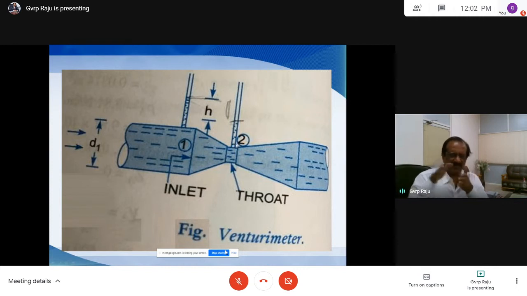Suppose you reduce the diameter to a lower value here, no doubt there will be acceleration, and you can have a pressure here corresponding to D2. If it is less than vapor pressure, what happens? Suppose you reduce D2 to such a value that at that point the pressure is less than vapor pressure.